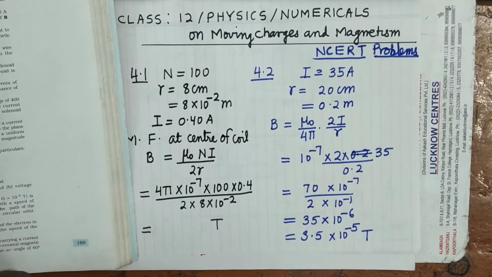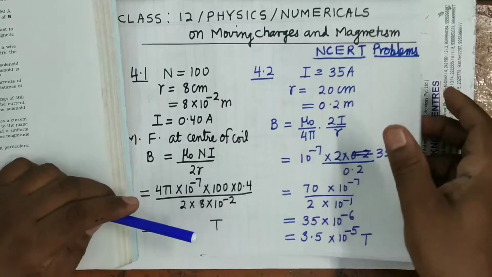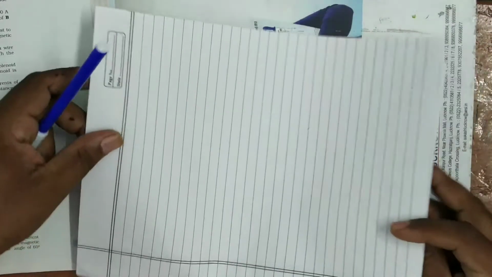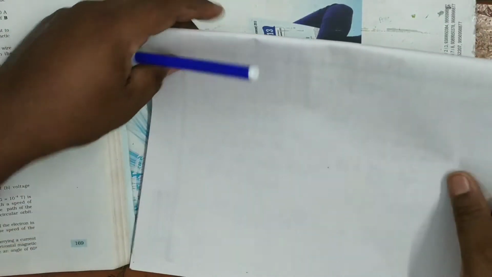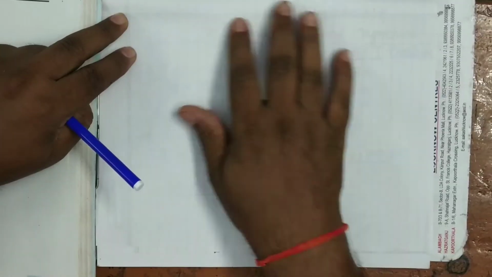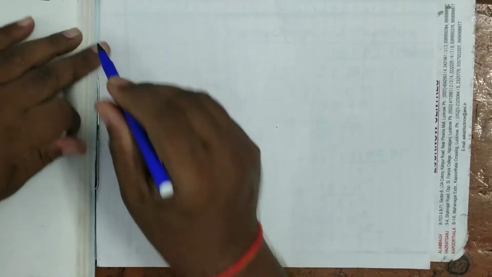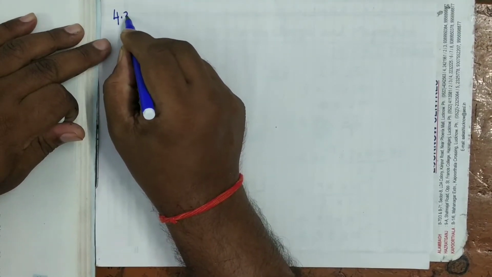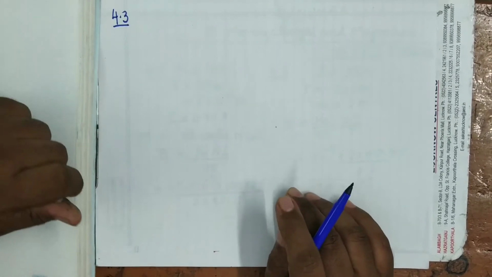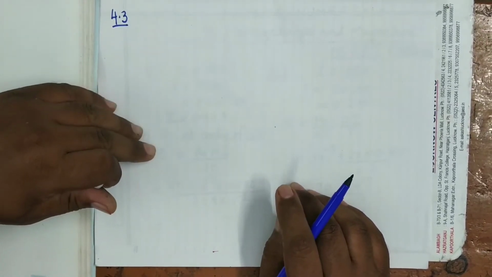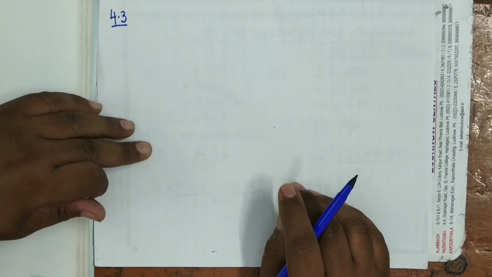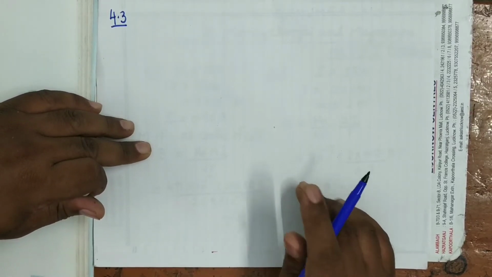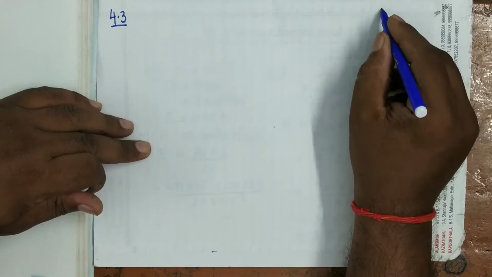Now see 4.3. I am reading the question, so you listen to it carefully. Every time I will not show the book. Question number 4.3: a long straight wire in the horizontal plane carries a current of 50 ampere in north to south direction. It is in the plane of paper.